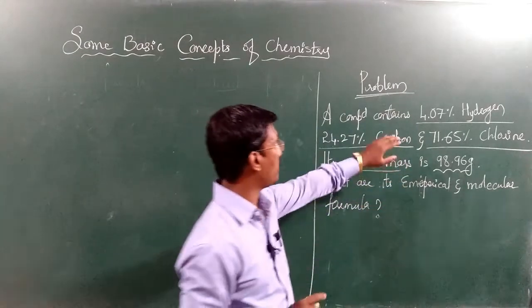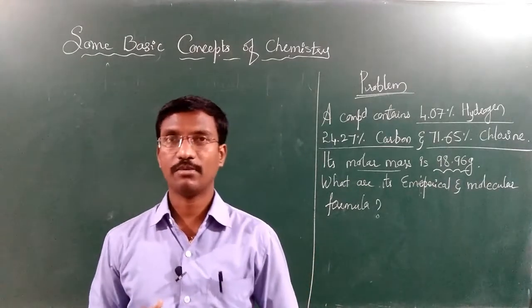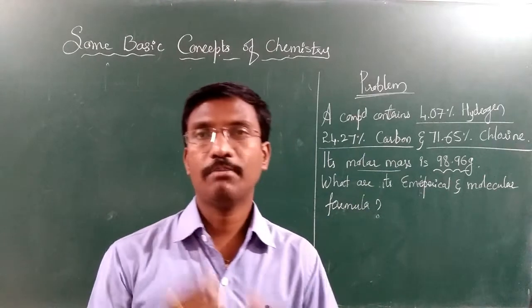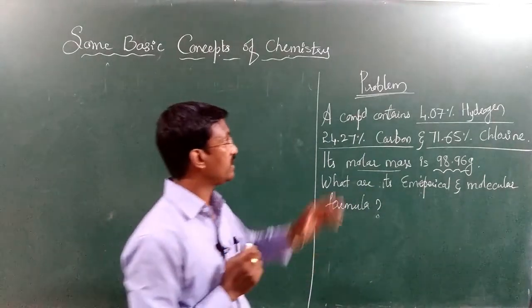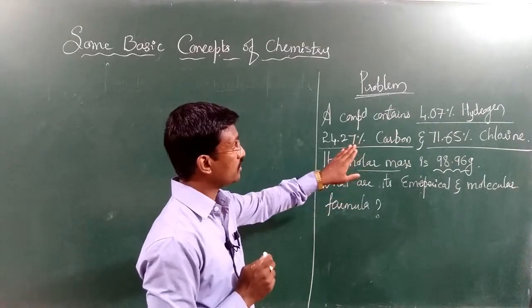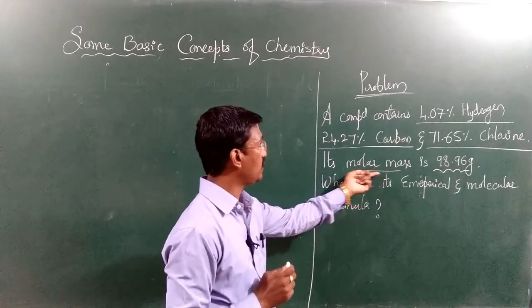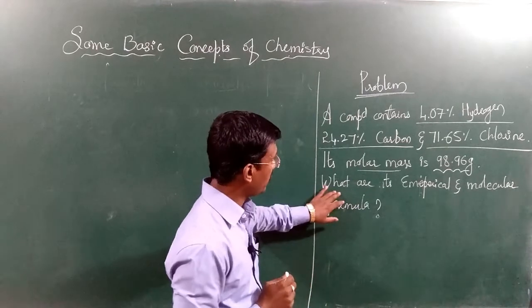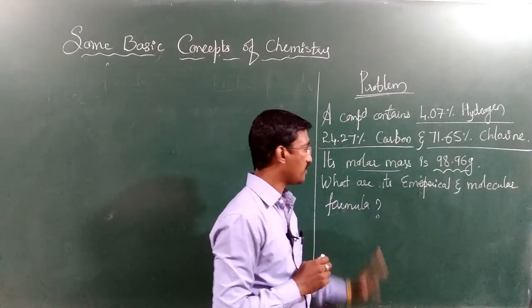They have given hydrogen, carbon and chlorine. We don't know how many hydrogens, carbons and chlorines there are, but they have given the percentage. Based on the percentage, we have to calculate the exact number of hydrogen, carbon and chlorine atoms. They have given the molar mass as 98.96, and they have asked for the empirical and molecular formula.